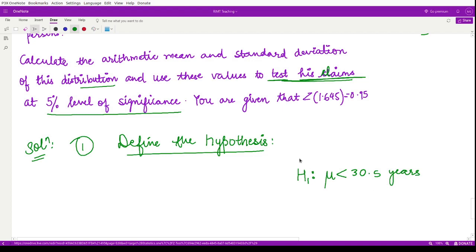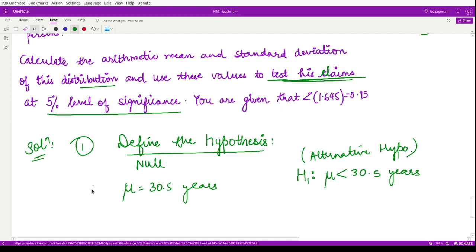So corresponding to this alternative hypothesis, we would have to construct a null hypothesis. What would be the null hypothesis, which is opposite to this? They are saying less than 30.5 years. So here we assume that it is equal to 30.5.